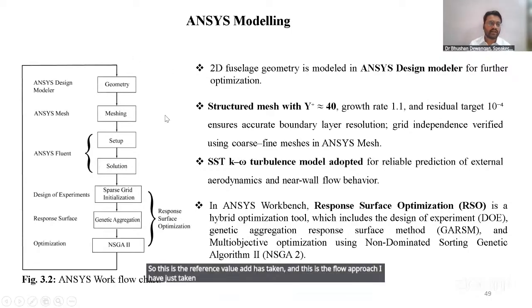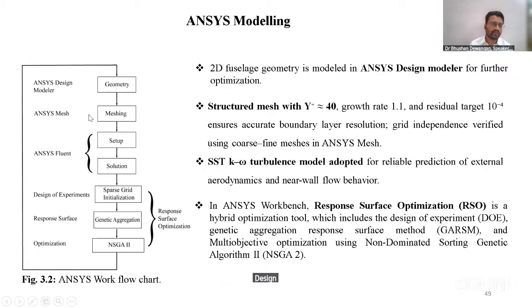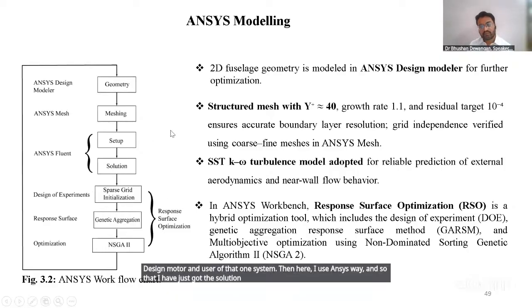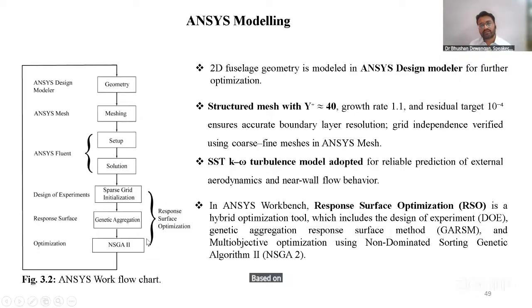For design modeling I have used ANSYS Workbench. Then here I used ANSYS Fluent, so that I got the solution, based on different sample sizes and different test results, and used response surface optimization.